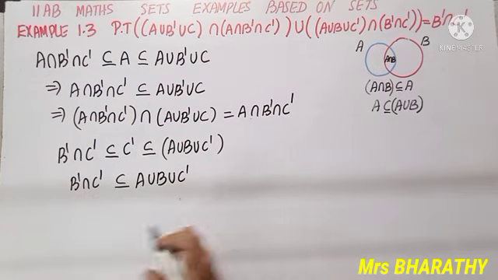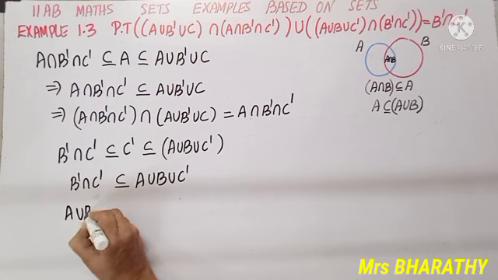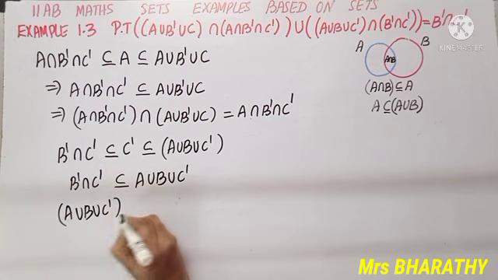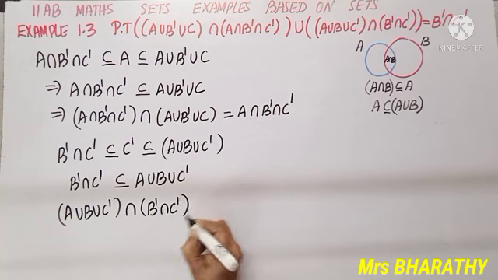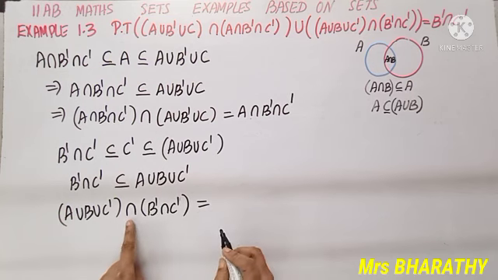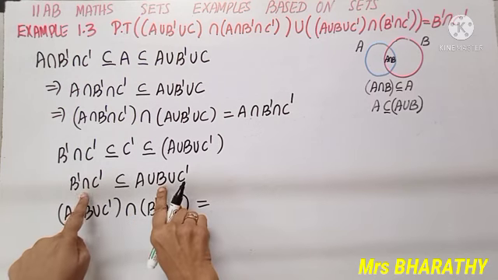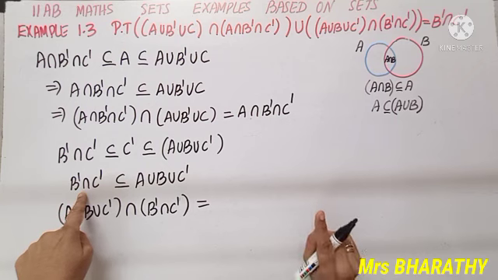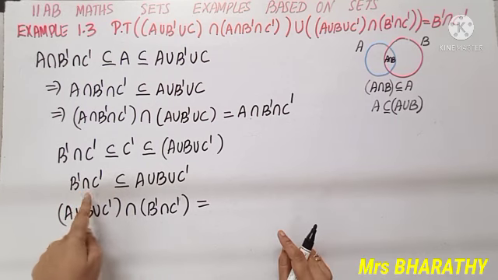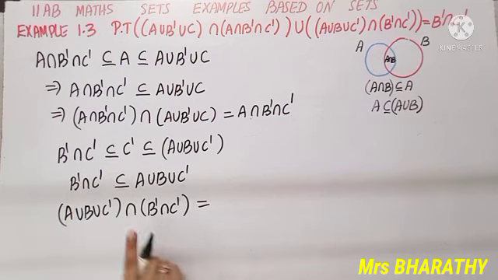Now what is my question? A union B union C dash intersection B dash intersection C dash. Whenever I want intersection, out of the two sets, I must choose the smaller. Union tells me choose the bigger. Intersection tells me choose the smaller. So here the symbol is intersection.